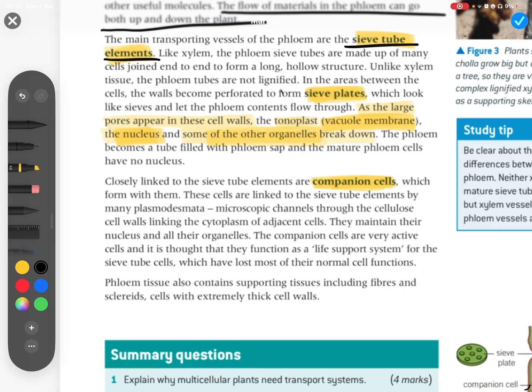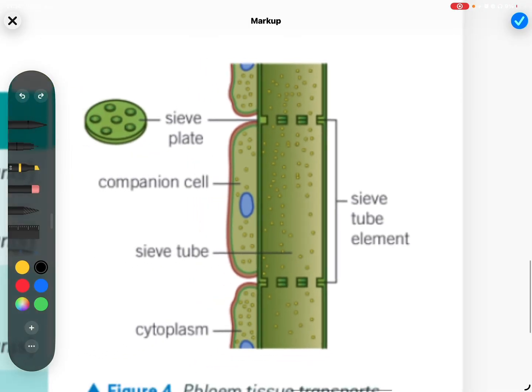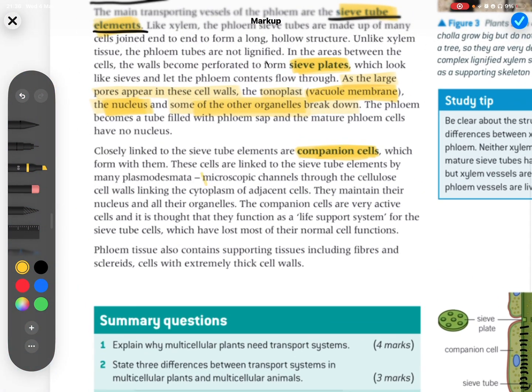These companion cells, that's these guys right here, link with the sieve tube elements and create tiny, microscopic channels called plasmodesmata. You have got to know that.